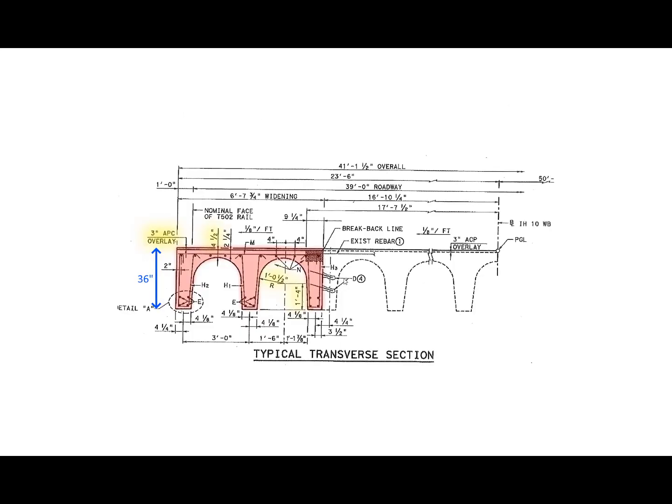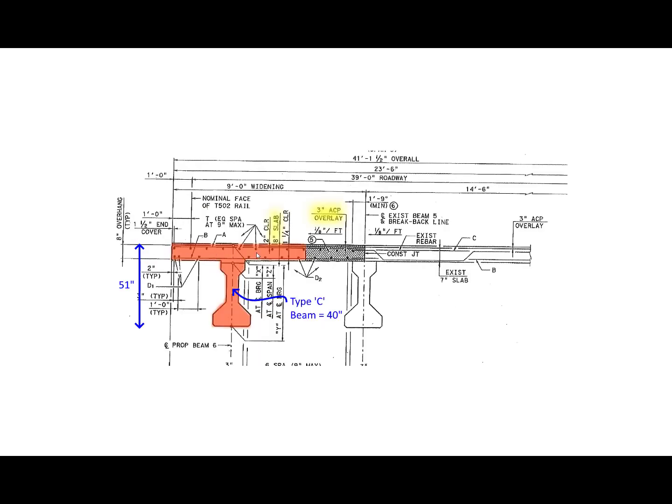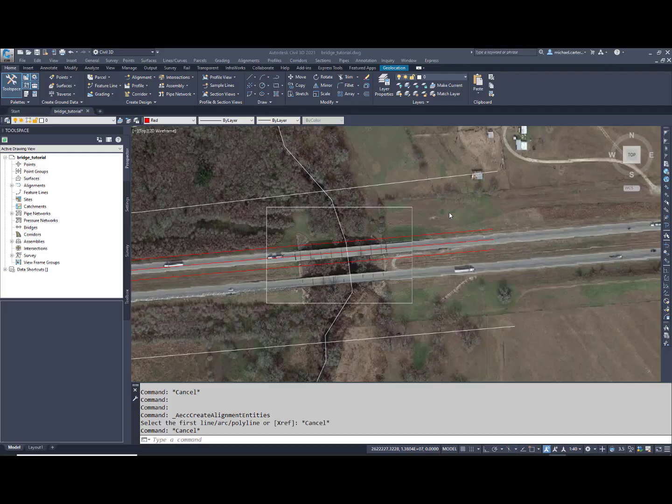Looking at the sections, we'll note that the girder section is 36 inches from the top of pavement to the bottom of the bridge itself. This excludes the bents, and you'll notice here that the road deck and the I-beams on the longer span, this is the 75-foot span, is 51 inches thick from top of road to bottom of beam.